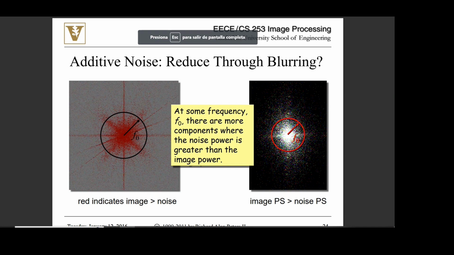So this is the justification of doing low-pass filters, because at some frequencies we have more signal than noise, and here we have more noise than signal. So we don't know exactly which the coefficients are. But you know that on average it's somewhere here. So you adjust the cutoff frequency of your low-pass filter.